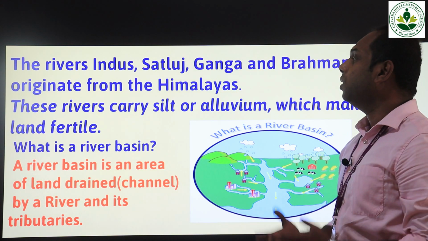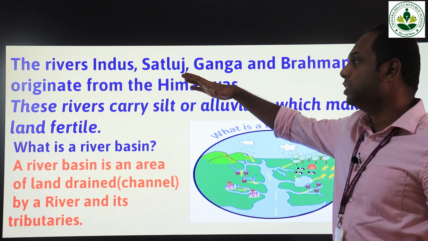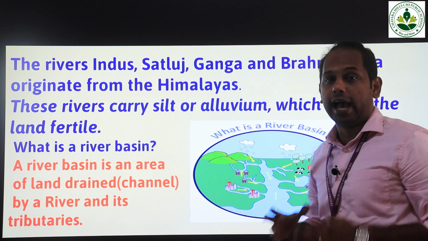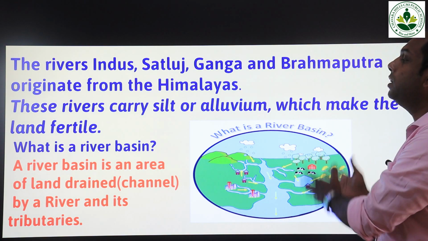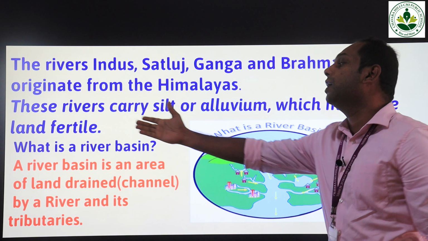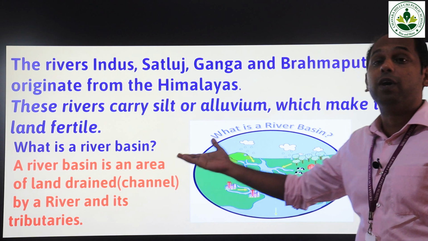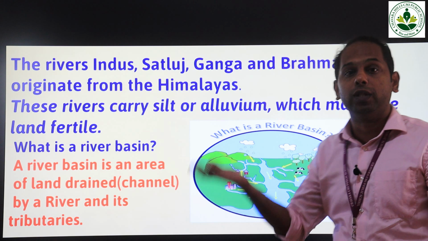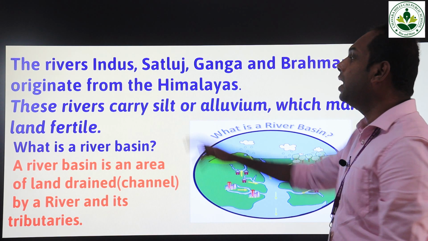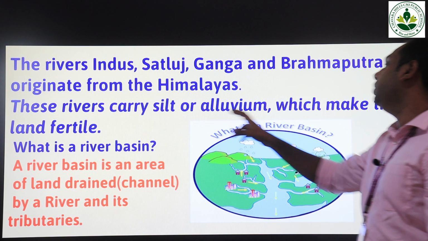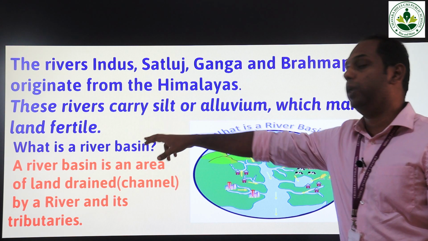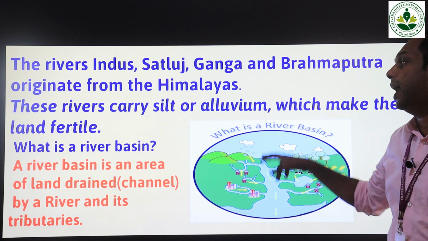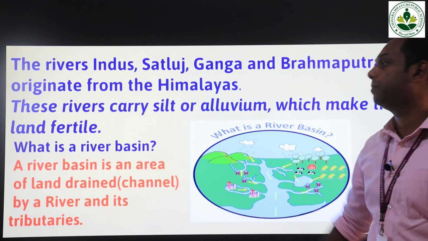So the rivers which originate from the Himalayan mountains carry very fertile soil with them, and they deposit this fertile soil into the areas near the rivers. These rivers carry silt or alluvium which make the land fertile. Actually, this alluvial soil makes the land more fertile.